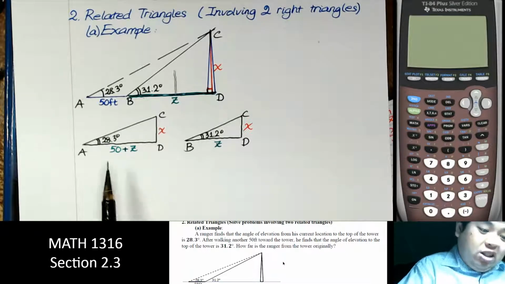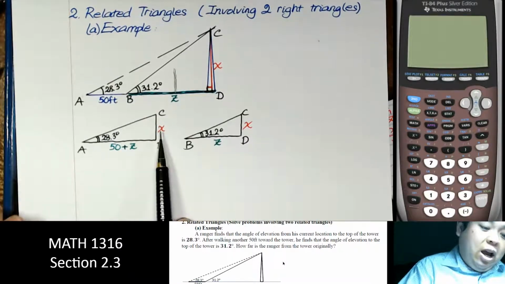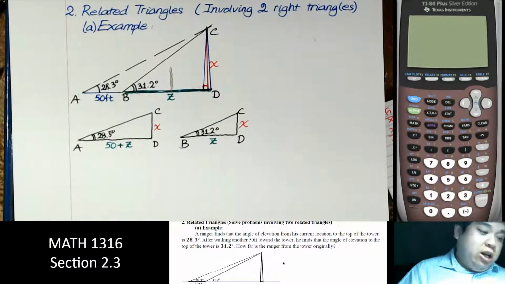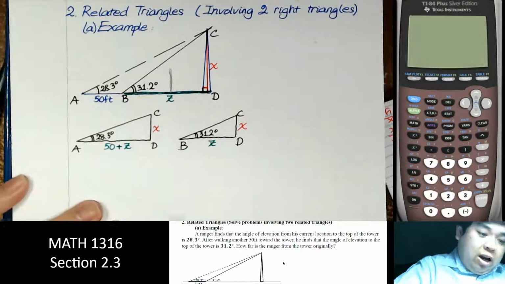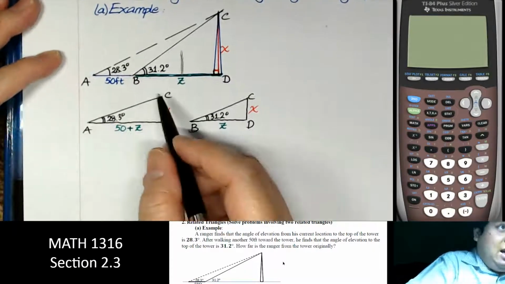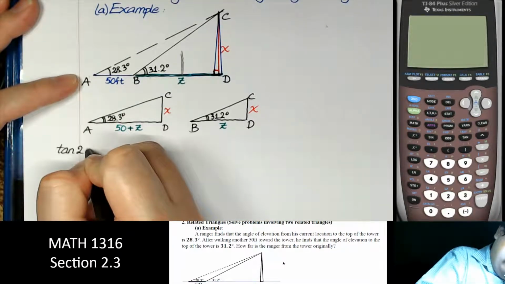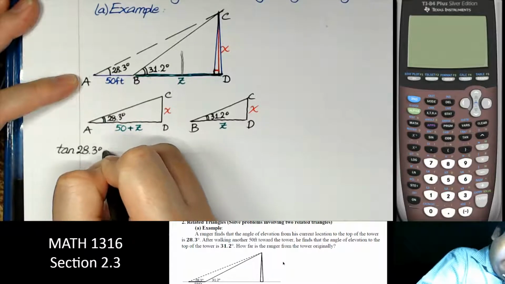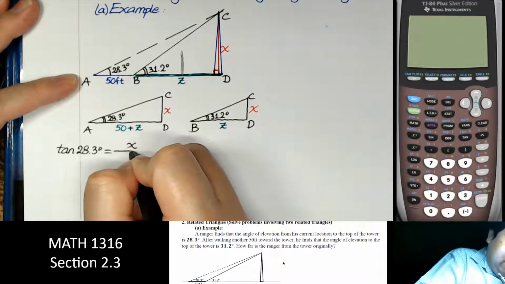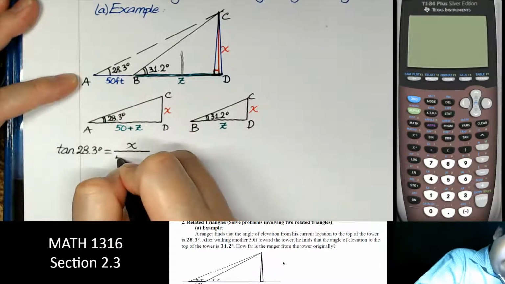But one thing for sure, we have to use the tangent of those two angles because we have opposite and adjacent. First I will write out for this triangle ACD, we have tangent of 28.3 degrees, opposite over adjacent.